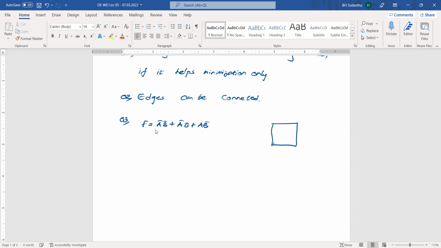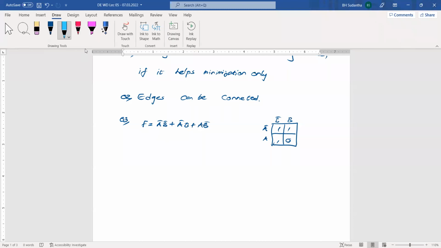We can make this map like this. This is A bar A, this is B bar B. Then what is the solution for this one? We can make this group. This is A bar, and this one is B bar. Then F equals A bar plus B bar.